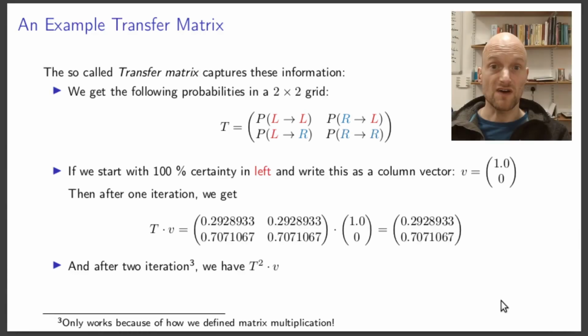This example so far is only concerned with a subdivision of our interval of numbers in left and right. Can we add more detail to that? And the answer is yes. For example, we could subdivide it into a third on the left, a middle bit, and a third on the right. If we did that, then our matrix is not 2 by 2 anymore.